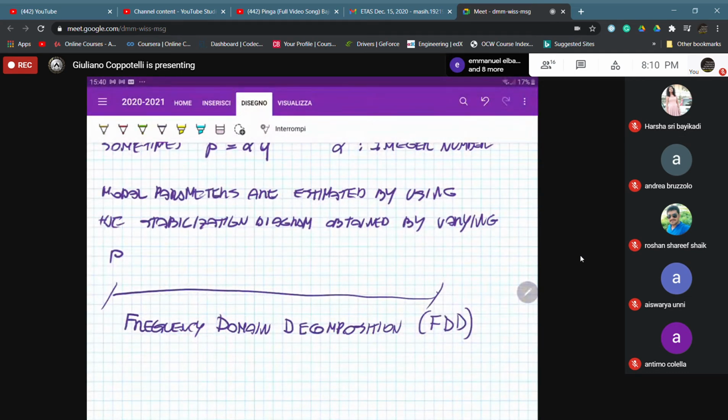Okay. And this approach, once again, starts from the output measurements.